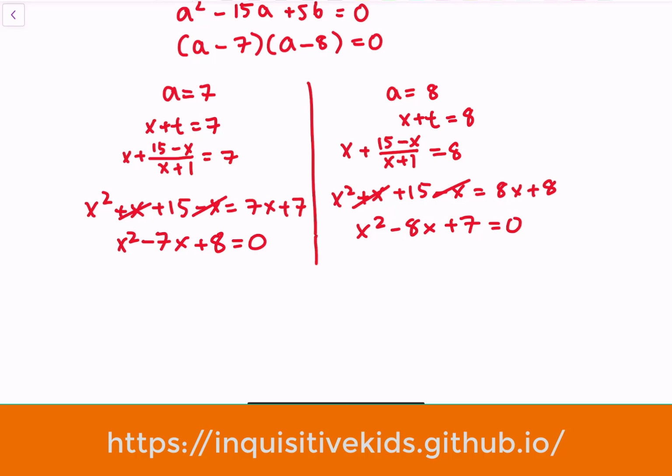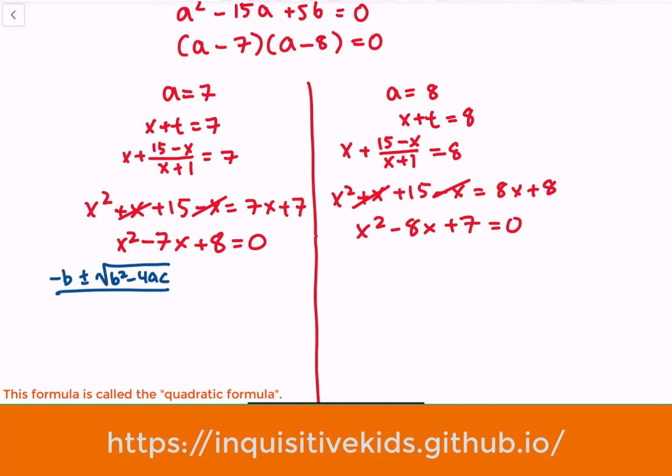In the first half, let's use the formula to find the root of a quadratic. It's negative b plus or minus the square root of b squared minus 4ac, over 2a. That's what x equals. And in this case, the b would be negative 7.